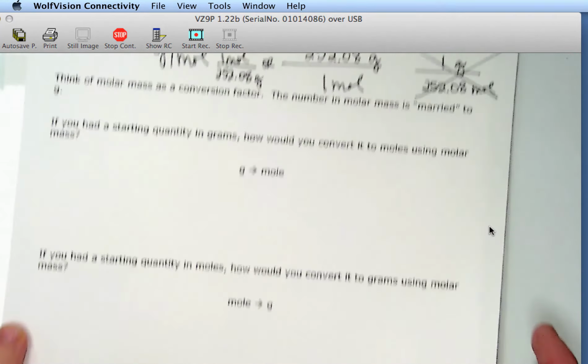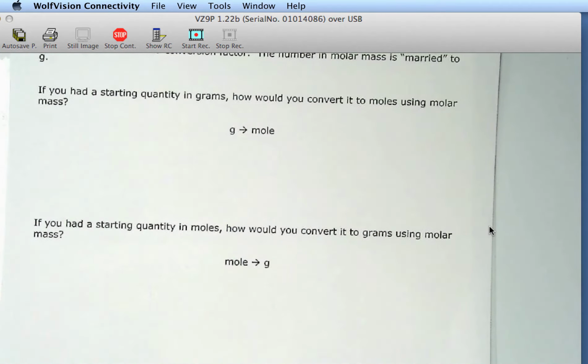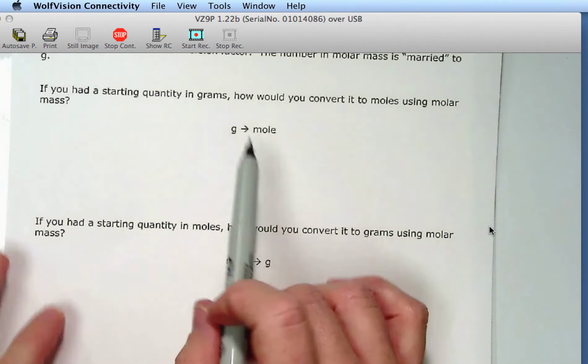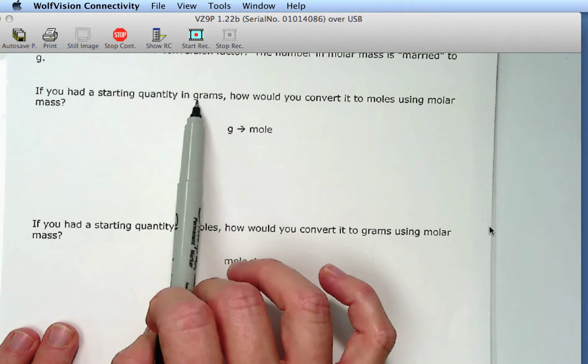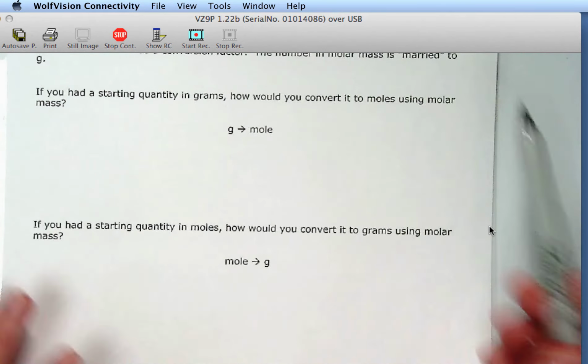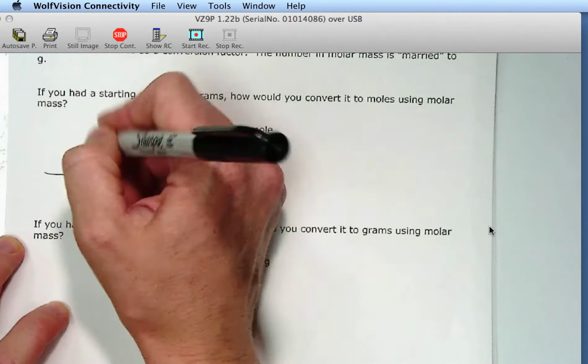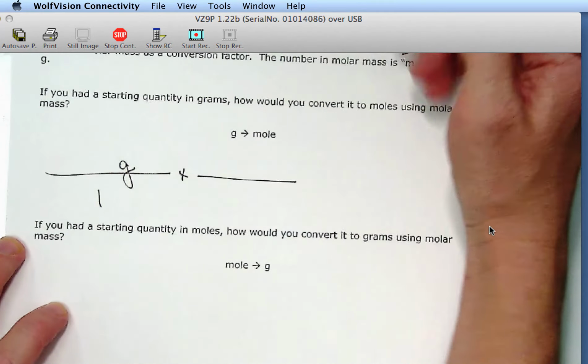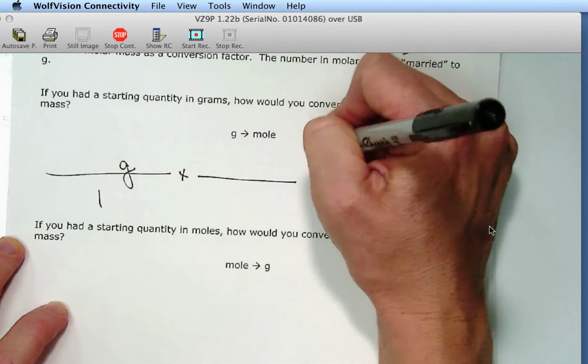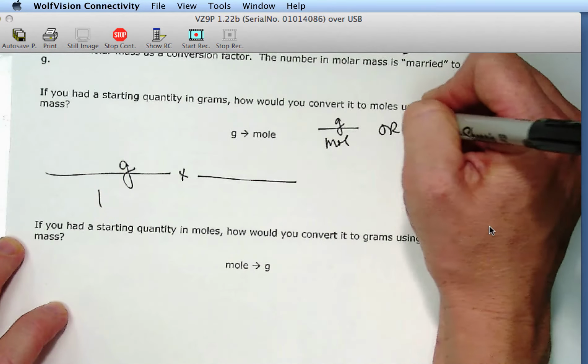So this goes back to Unit 1, where we're doing conversions. Remember, chemistry is a science of conversion, so you see it over and over again. If you had a starting quantity in grams, how would you convert it to moles using molar mass? So many grams over 1. Molar mass can be grams over moles or moles over grams.